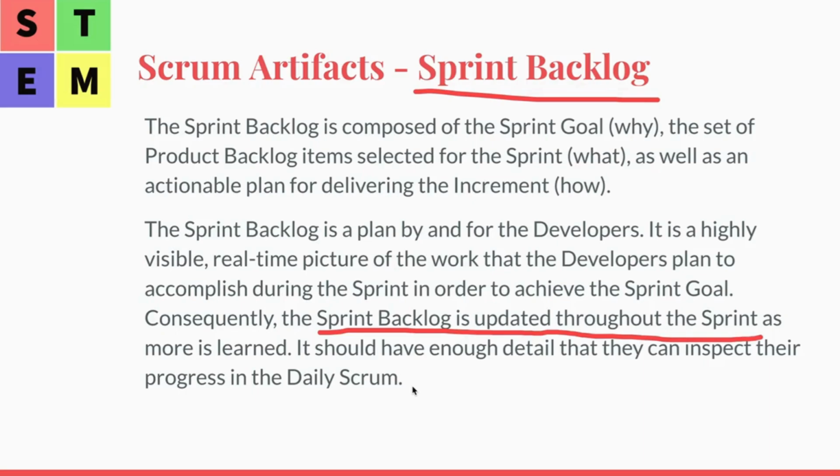So they commit to their task, and then once they start working on a particular task during that day, the status of that task is changed to in progress. And when they are done with the task, the status of the task is changed to done. There could be other statuses that are quite different across different organizations.